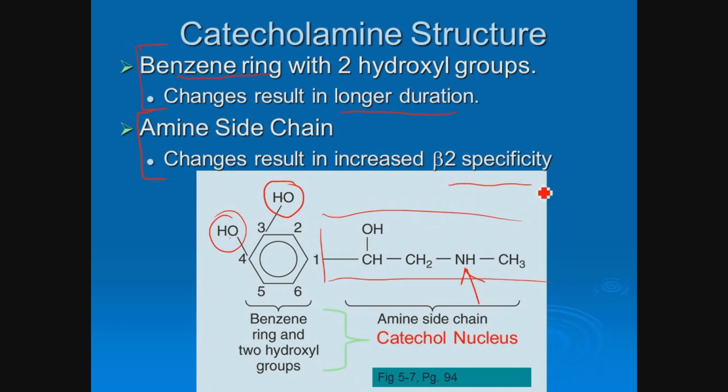To have a drug that lasts as long as possible and only affects the beta 2 receptors. I don't want it to affect the beta 1 or the alpha effectors. Over time, what manufacturers have done is developed, by changing the position of the OH on the benzene ring, longer duration. At the same time, they've also changed structurally this amine side chain to have more beta 2 specificity. And we now have drugs that can be administered once a day and have very minimal cardiac side effects.